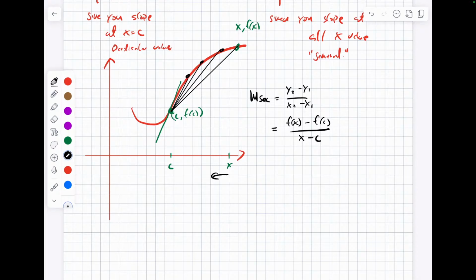Now we ask what happens when x approaches c: that's the slope of the tangent, also known as f prime of c, the limit as x approaches c of f of x minus f of c over x minus c.